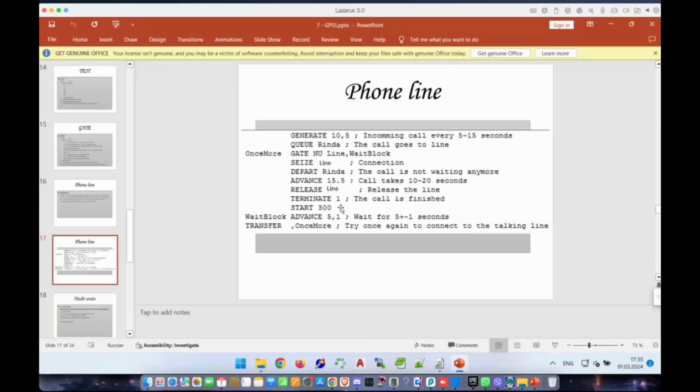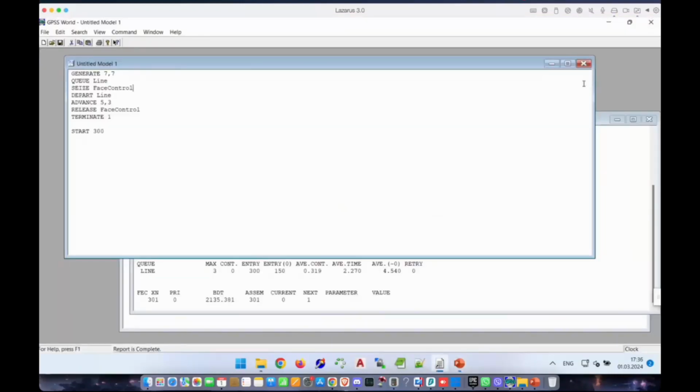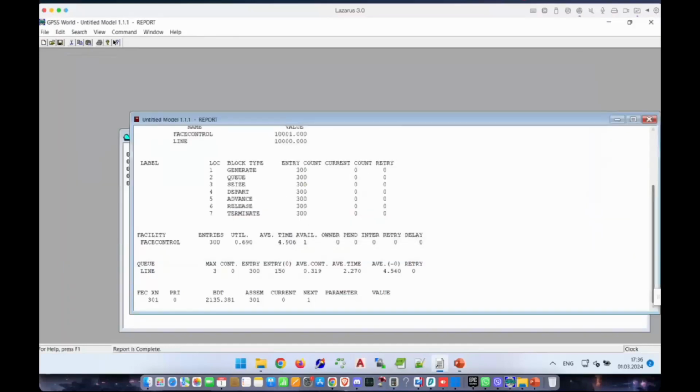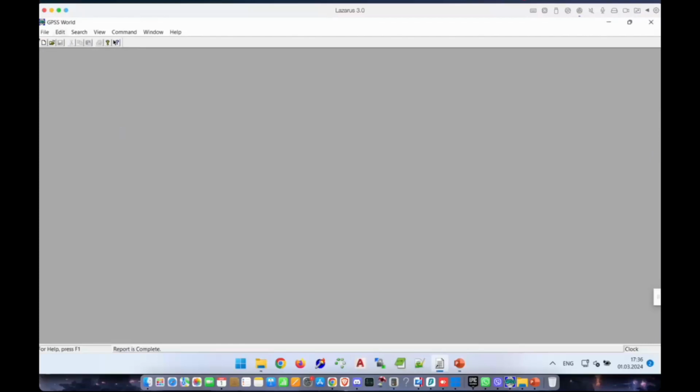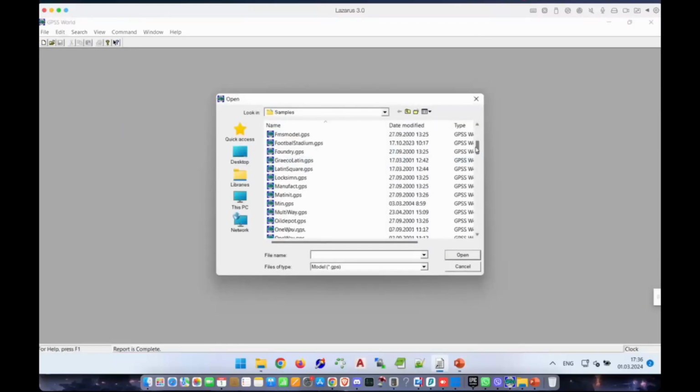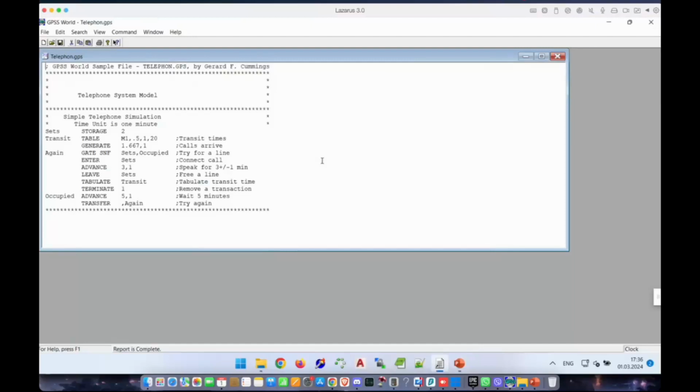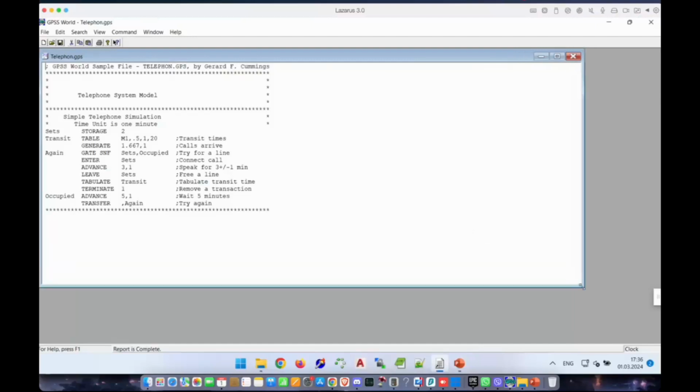So I suppose there is a similar example in the sample folder. Let's take a look at it. Let's open the sample folder and find the telephone or telephone 2 line. Telephone. Oh, this is a bit more advanced one.